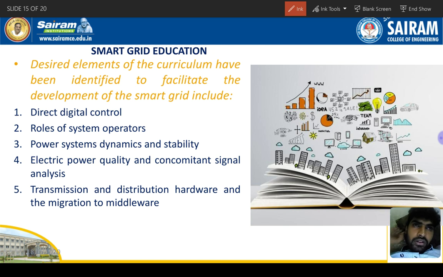Suppose something happened in the transmission lines. Ten, twenty years back, somebody would see that a transmission line was broken or had some fault. He had to call the office or the substation. Then the substation people would call the linemen, who would come to the particular place and repair it, and again call their team.